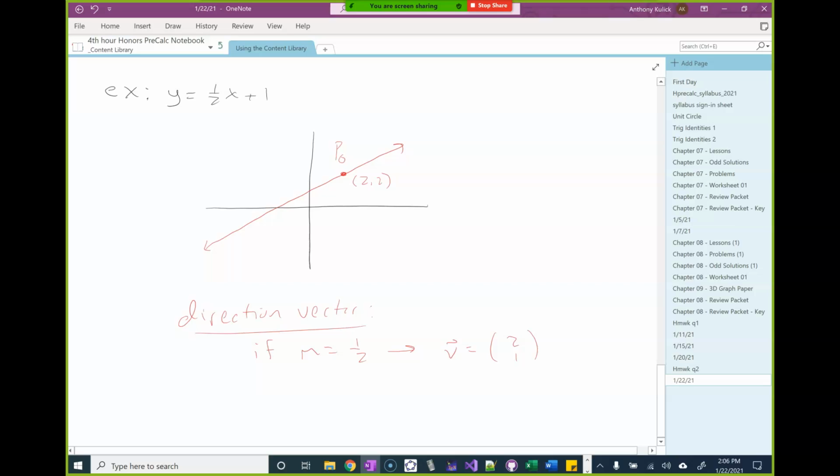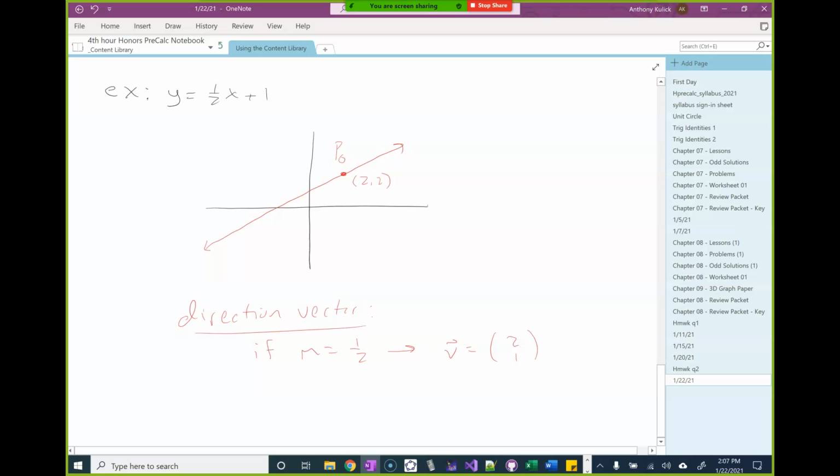Why did it flip like that? Think about the definition of slope: change in y over change in x. So the y-coordinate is the numerator of the slope, and the x-coordinate is the denominator. When we make our direction vector, the x component is the top and the y component is the bottom. No big deal. It'll always be a reciprocal like that.